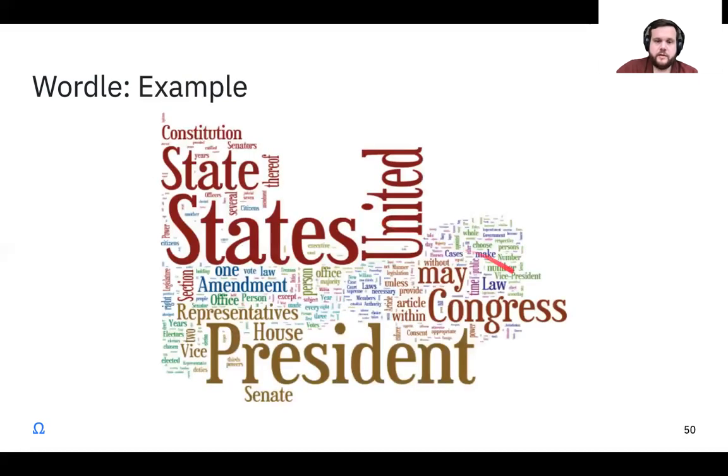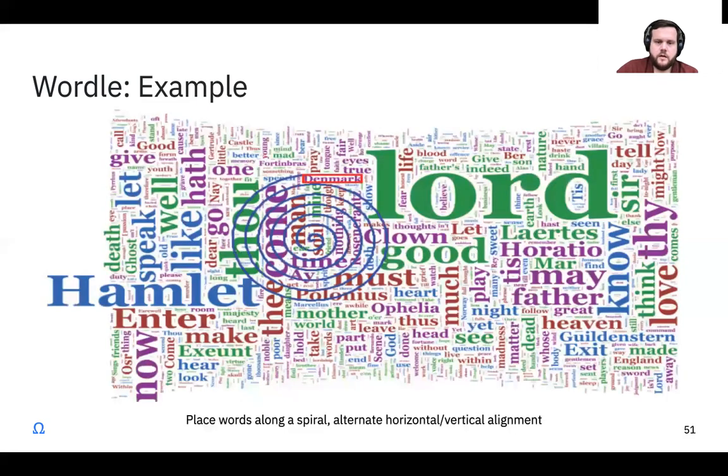So an example of a Wordle, I think this is a Wordle of the United States Constitution. Here we see an example of placement on a spiral, so we see how they alternate the horizontal and vertical placements to kind of utilize the space and spiral out of this spot.